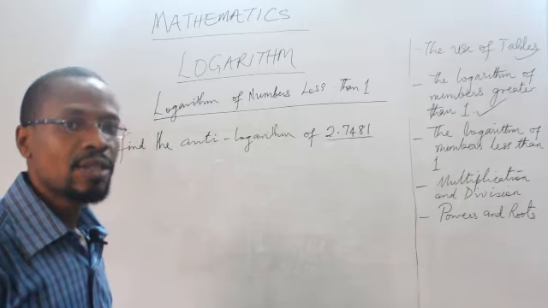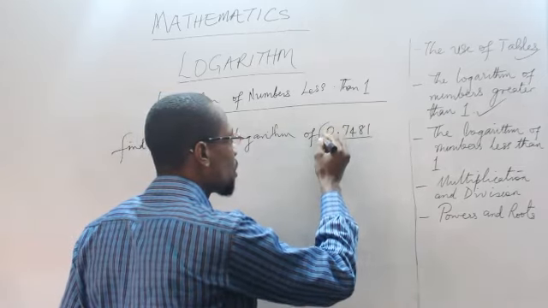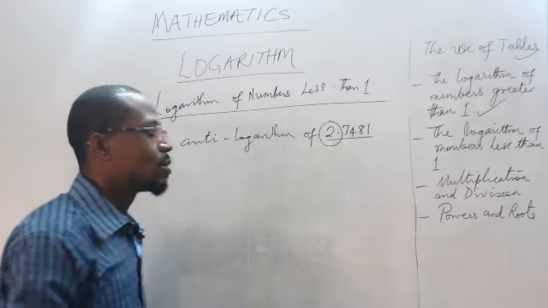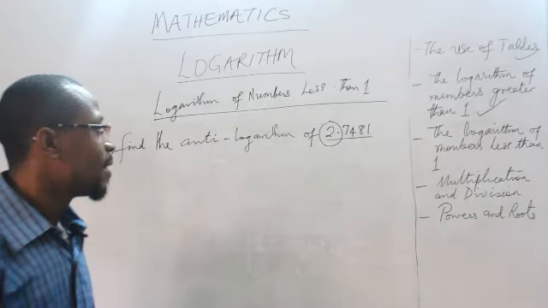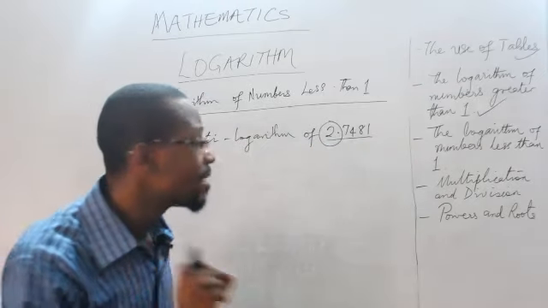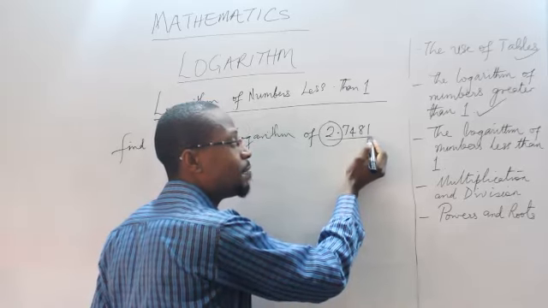Now, in getting your anti-logarithm, you will not have any business with 2, which is a characteristic, at the initial stage. This 2 will be used after you have found the anti-logarithm of 74 under 8 difference 1.